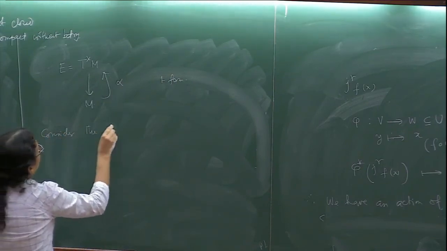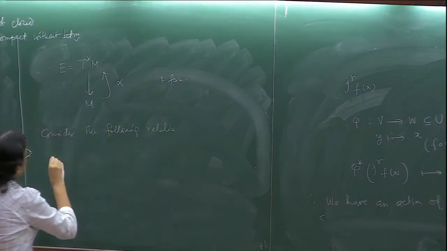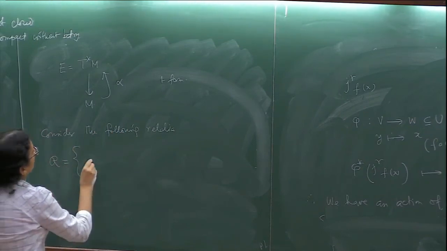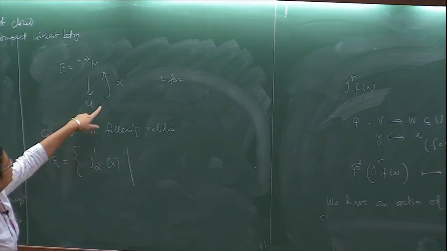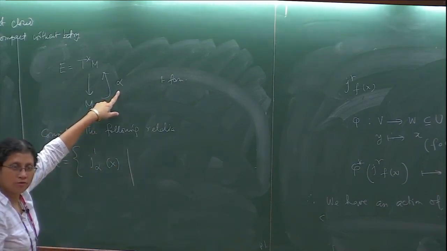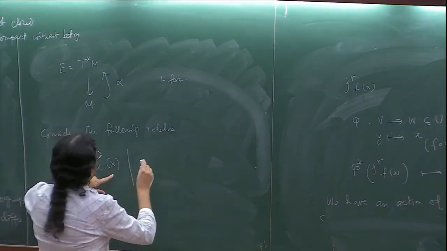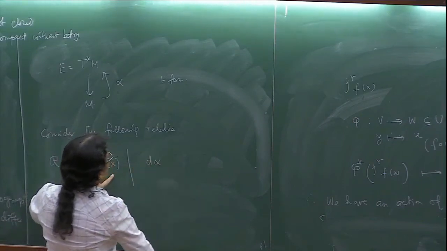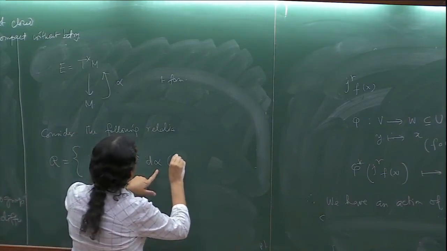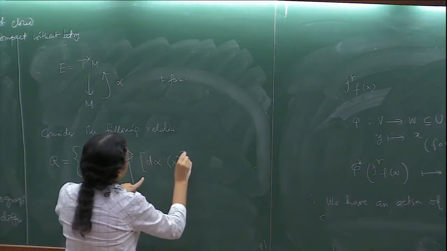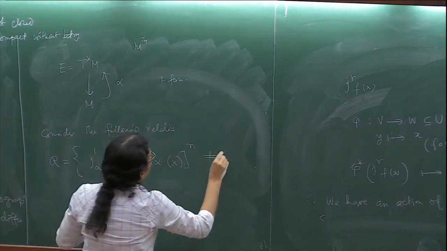Consider the following relation R. I'm considering an arbitrary local one form and taking its jet, I'll explain later. So J1 alpha such that d alpha, the exterior derivative, at the point x, if you look at its nth power, suppose the dimension is 2n, is not equal to 0.